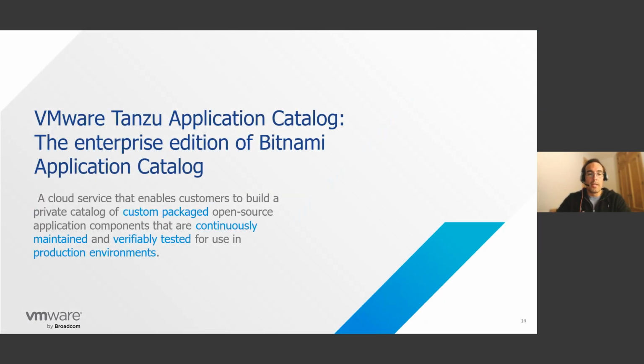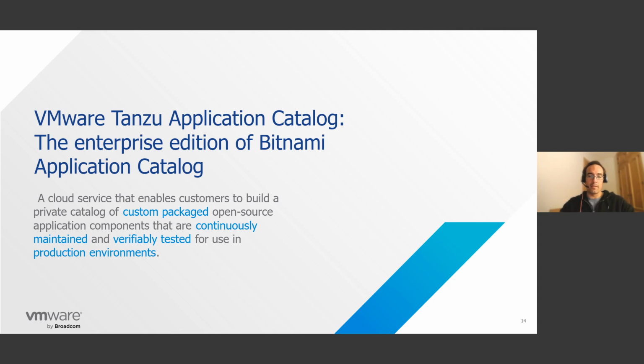As I mentioned at the beginning, it is the enterprise edition of Bitnami Application Catalog. Tanzu Application Catalog is a cloud service that enables customers to build a private catalog of different open source applications that are customized and continuously maintained, verified, and ready to be used in production environments.